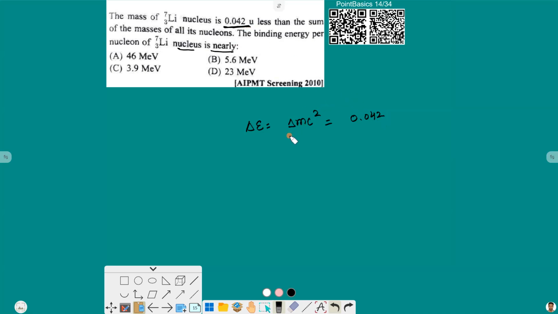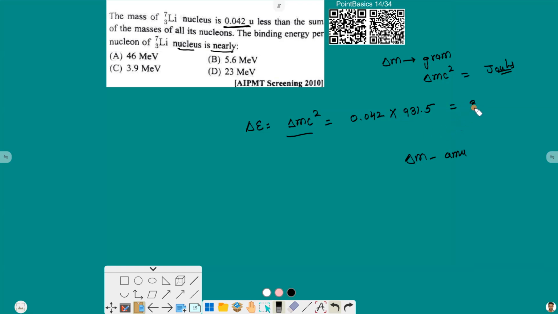If delta M is given in gram, then the formula delta M c square gives us the answer in joules. But if delta M is given in AMU, or atomic mass unit u, then we will multiply the numerical value of this AMU by 931.5. This is the electron volt equivalent.